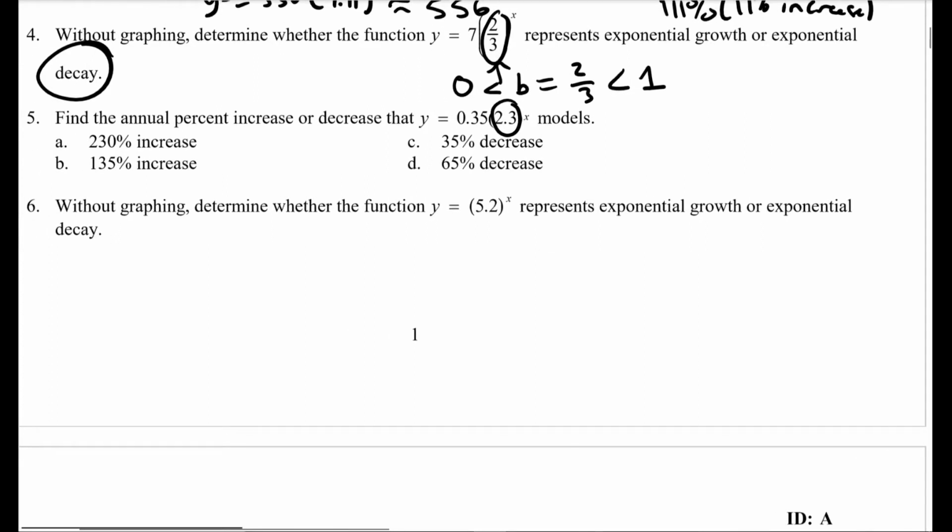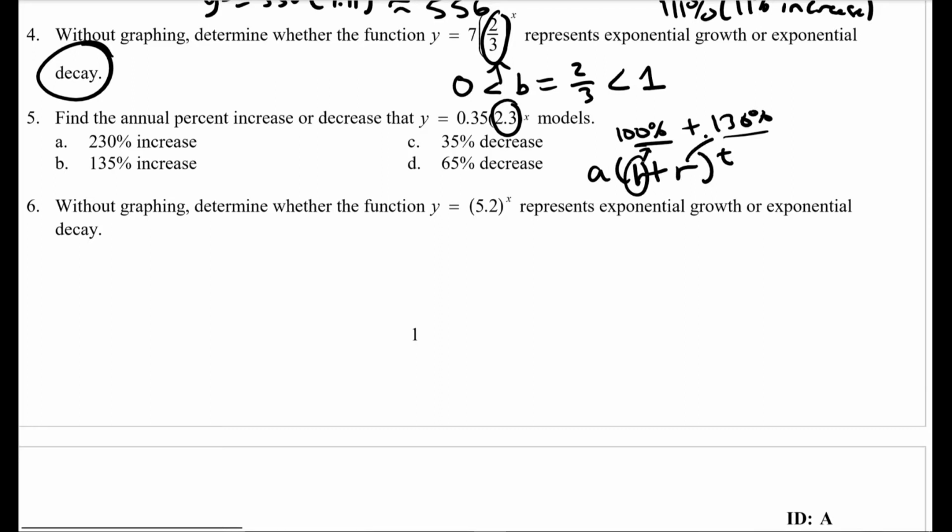Now find the annual percent increase or decrease for the following model. All right, remember the increase or decrease is related to this, right? So that is saying that we're taking our 100% and we're adding 130% to that. Because remember our model was A times (1 plus R) to the T. The 1 stands for the 100%.